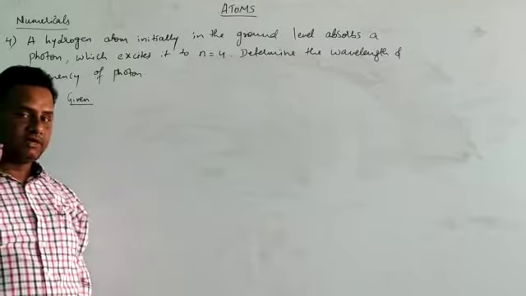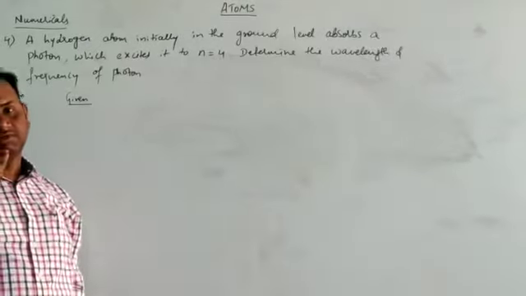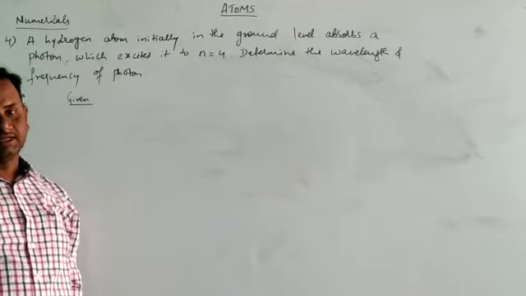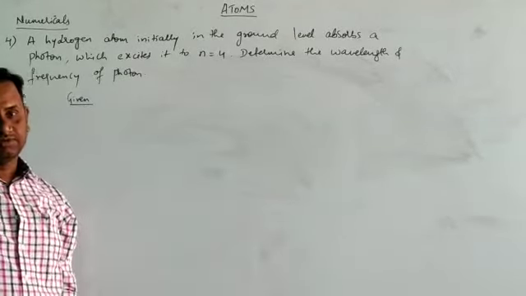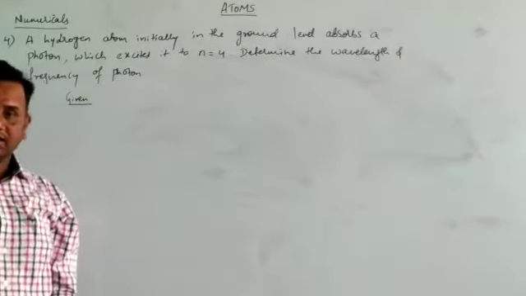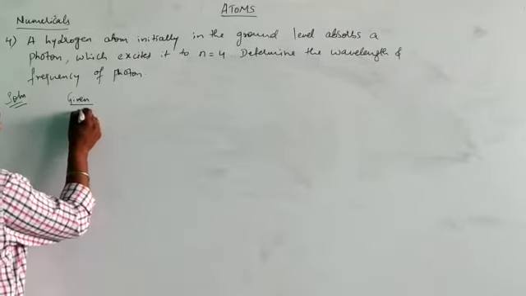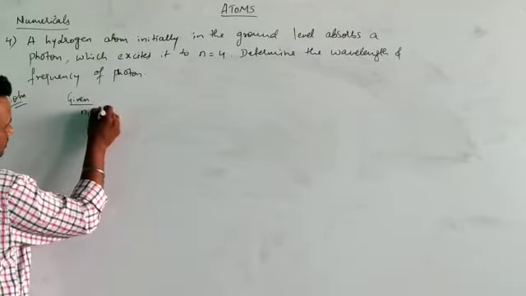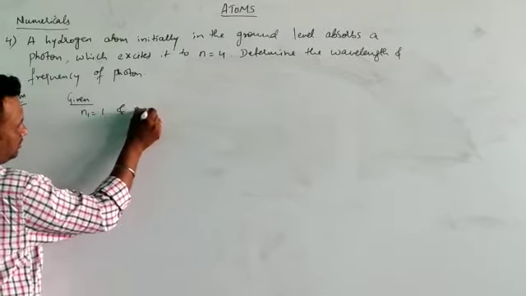In the energy level diagram topic, I explained to you that the first, ground level will be taken as n equal to 1, second n equal to 2, 3, 4, 5, 6. These are the higher levels. Therefore, here I am taking n1 equal to 1 and n2 equal to 4.